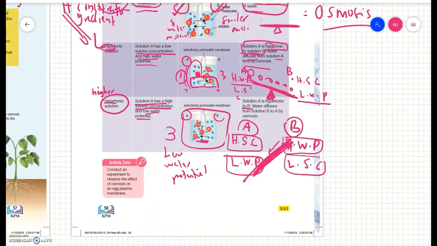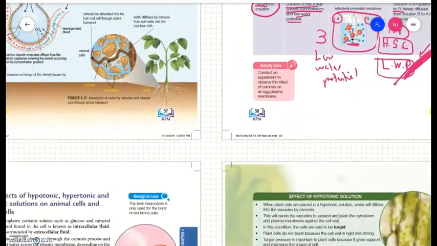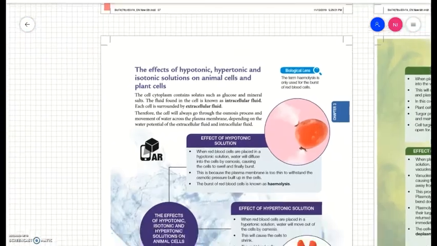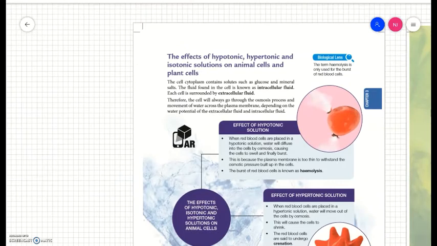So kita pergi next. So kita sudah tahu hypo, hyper, iso. Okay, isotonic, hypotonic and hypertonic. So what are the effects of this solution on the animal cell and plant cell? Okay, so in this situation, it wants to show you what happened.